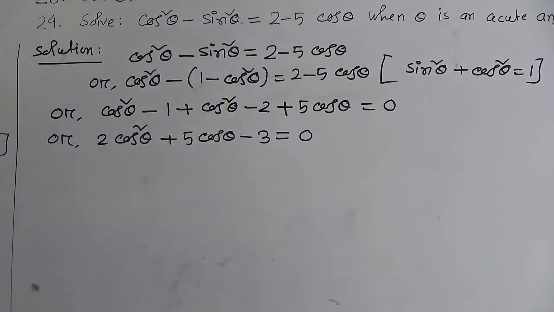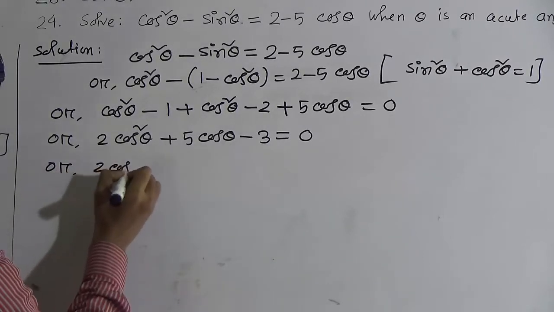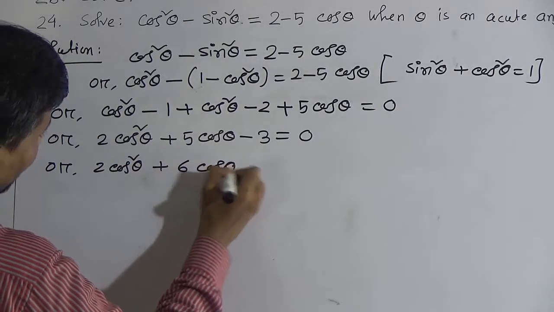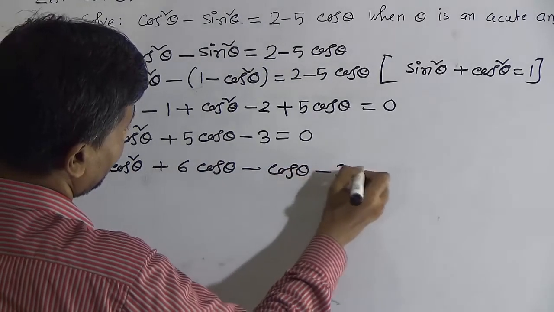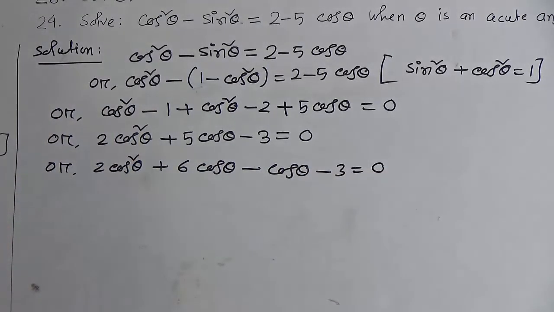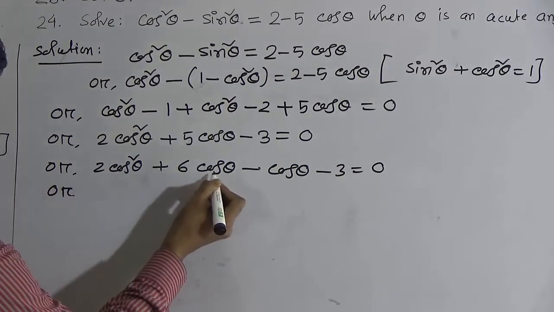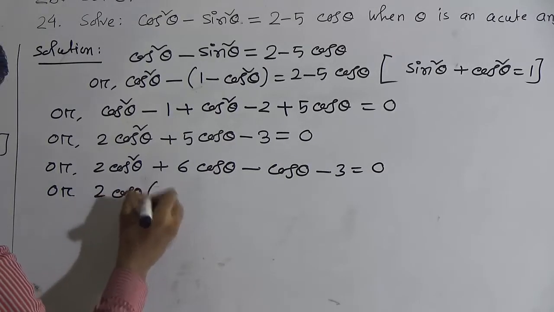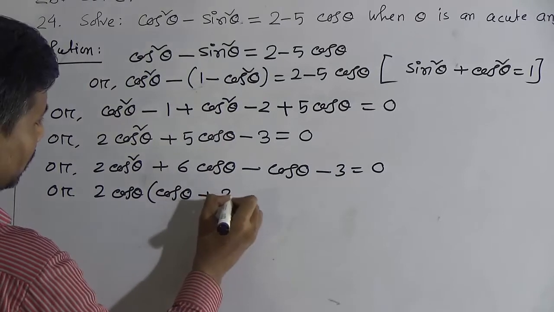Look, 2 cos square theta plus 6 cos theta minus cos theta minus 3 is equal to 0. Here 2 cos theta is the common factor, then we get cos theta plus 3.